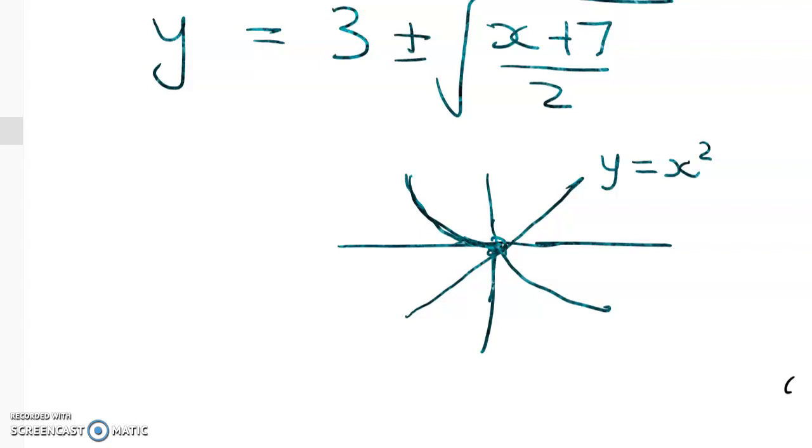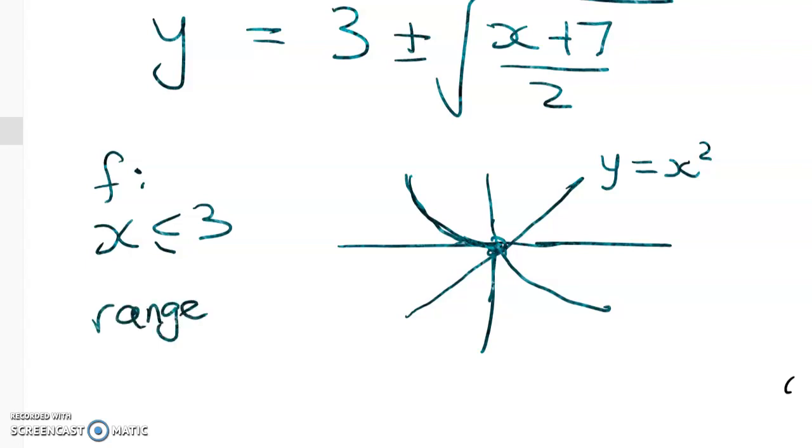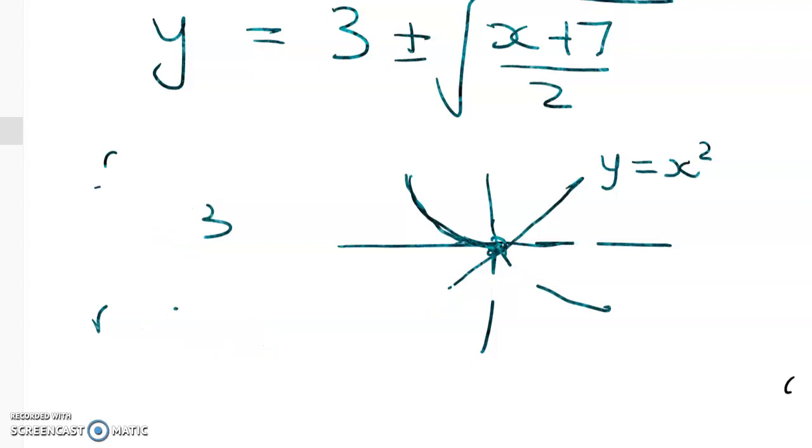So you can see that because I'm dealing with my domain being x less than or equal to 3 for f, then my range in the new one is going to be less than or equal to 3. And that means that I want to have the minus branch here.